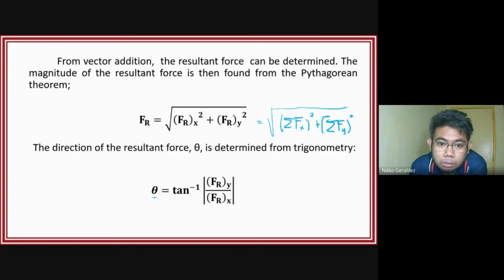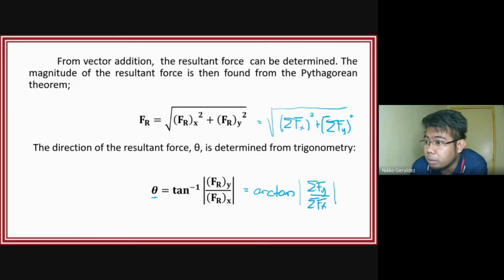Or pwede natin itong i-write as arc tangent of summation of forces along y over summation of forces along x. Ang theta natin, laging with respect to the x-axis, based from this formula.